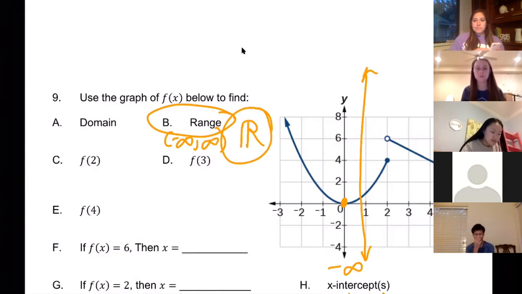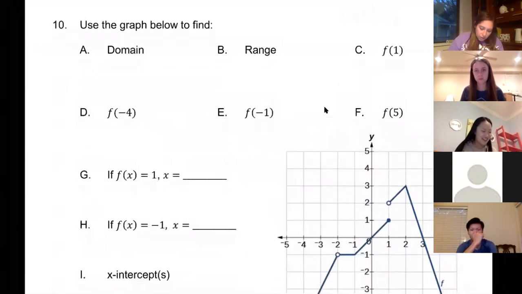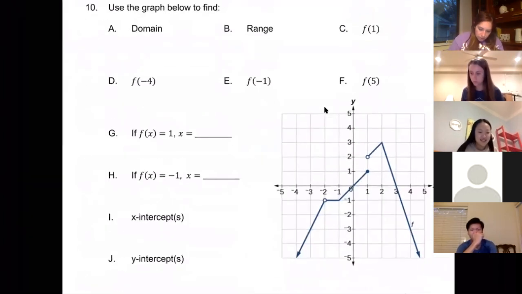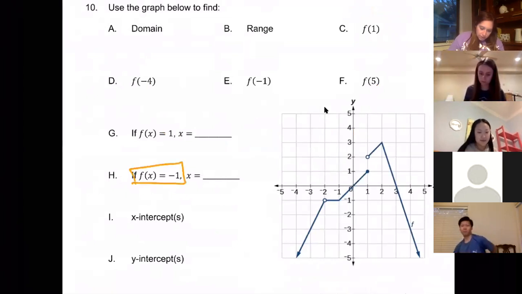That makes sense. Can you please do 10H? I got it wrong. 10h. Okay. So if f of x equals -1, then x equals.